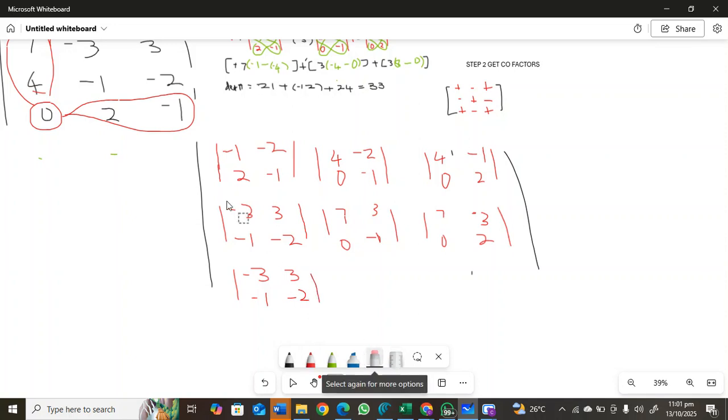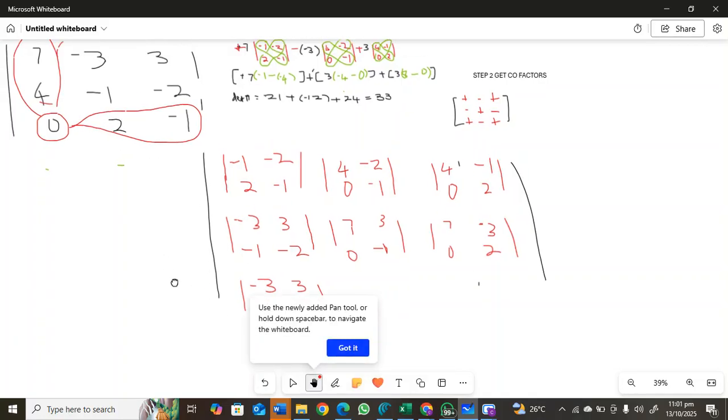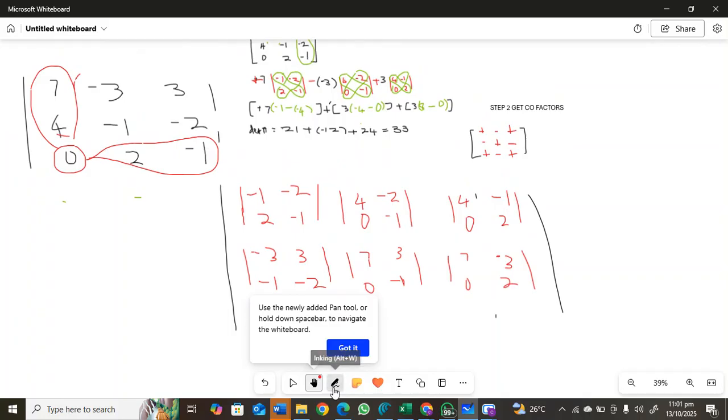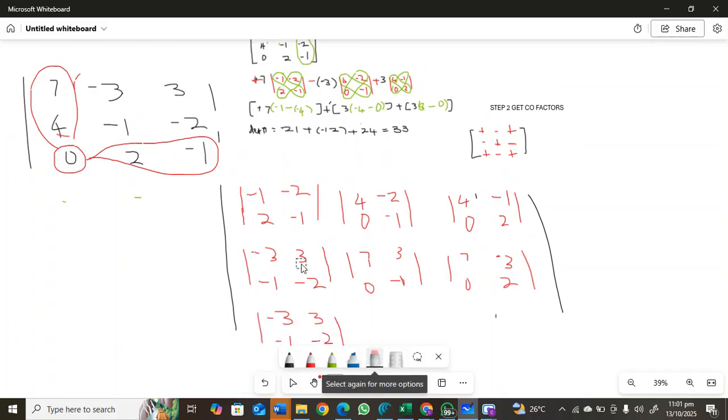Okay, we go to the next number in the bottom row. It's this 2 here. So you have 7, 4, 3, negative 2.